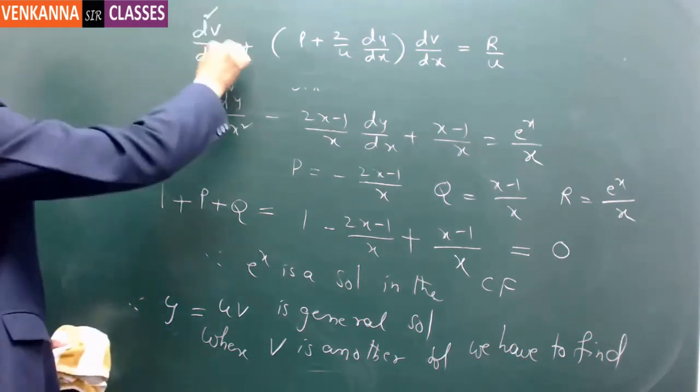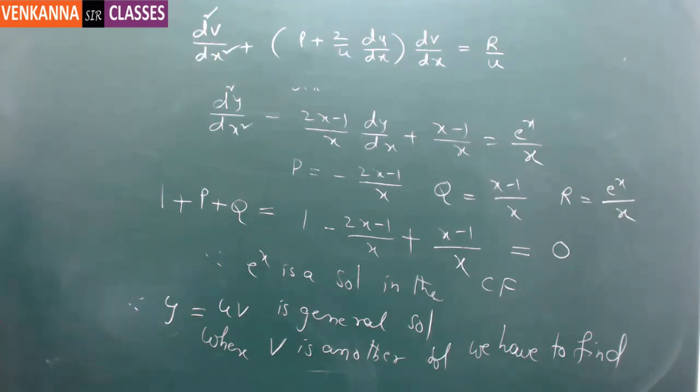Like d square v by dx square. Now here, we take that dv by dx is equal to some function, say z.